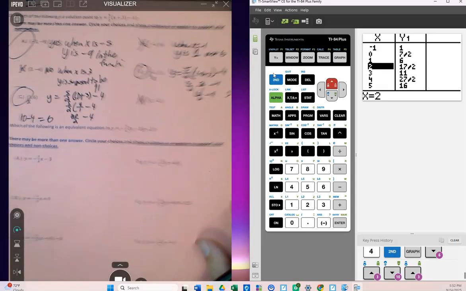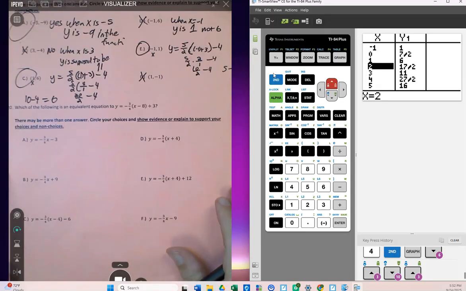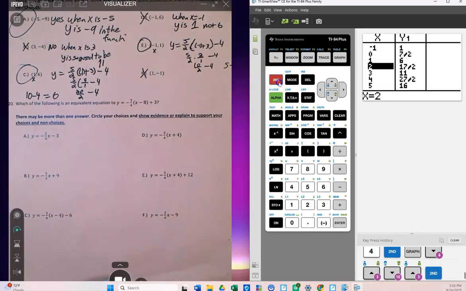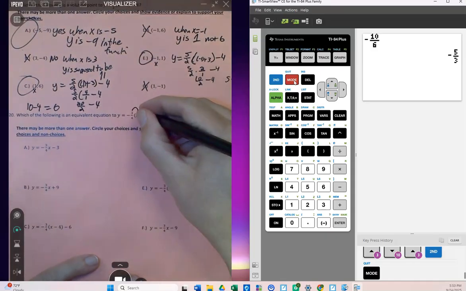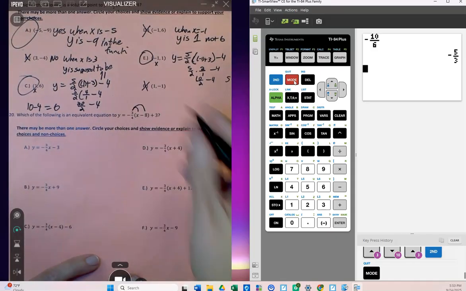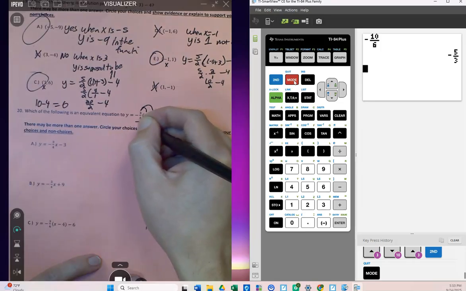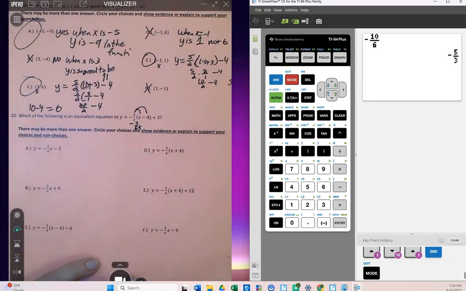All right. So, Mr. Calculator. Okay, here we go. Which of the following is equivalent to that? Okay, let's do this. I got to distribute that negative 3/4 across. Let me do a little zoom in.